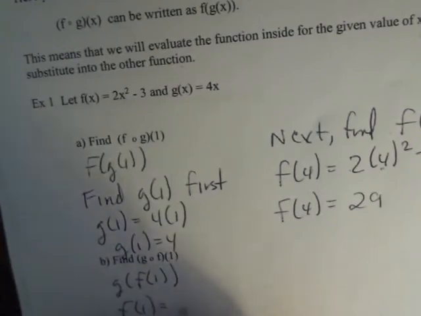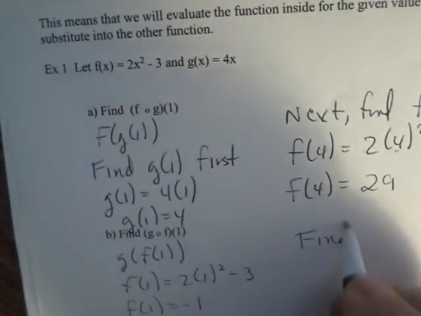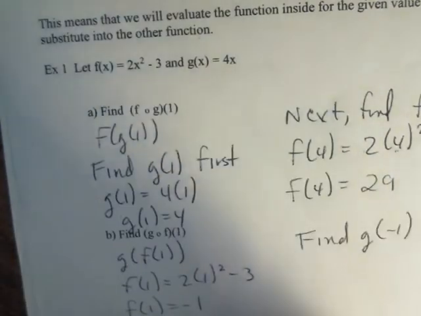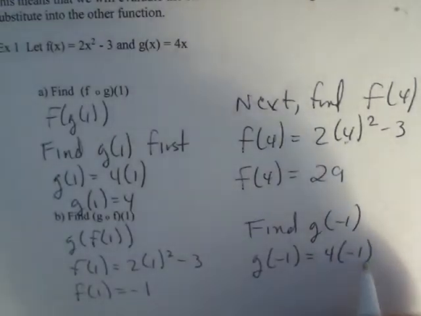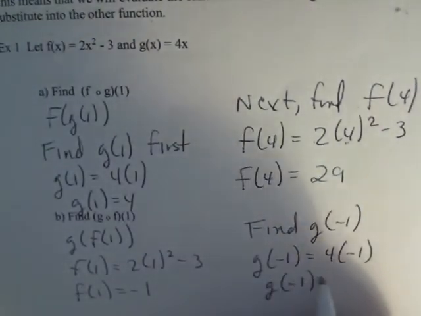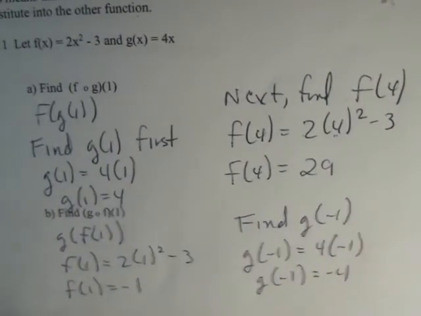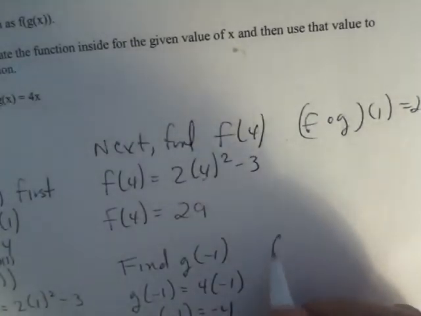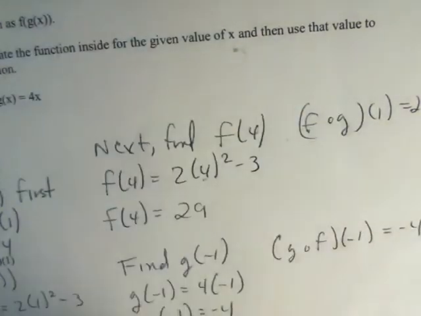So f of 1 is 2 times 1 squared minus 3. Evaluating that, I get negative 1. Now find g of negative 1, which is 4 times negative 1, which is negative 4. So g composed with f of 1 is negative 4.